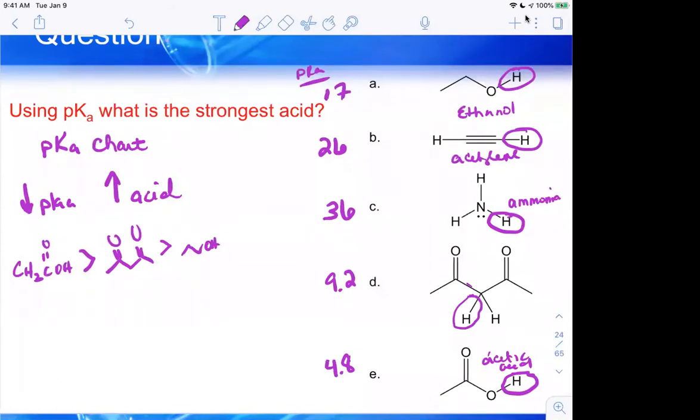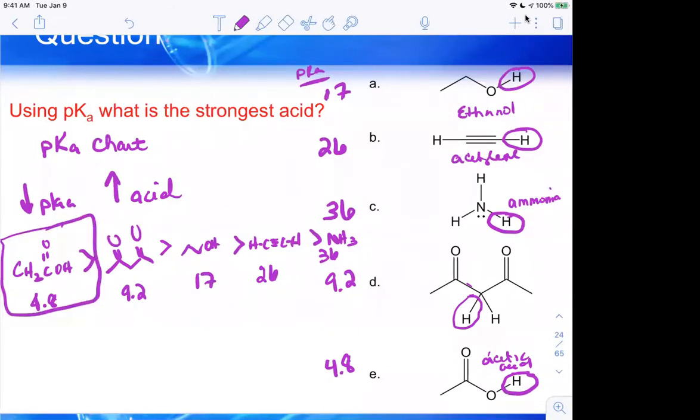And then I have my acetylene. And then I have my ammonia. And that's because this is the lowest pKa. Here's the next pKa, then 17, then 26, then 36. So this is my order of acidity, which means acetic acid is going to be the strongest acid.